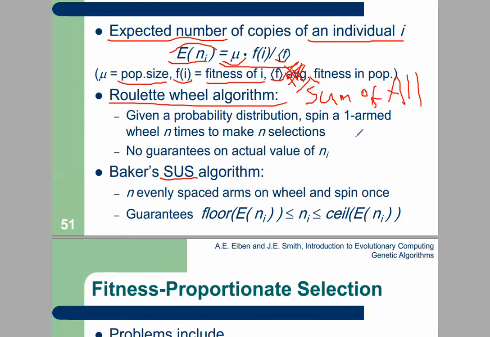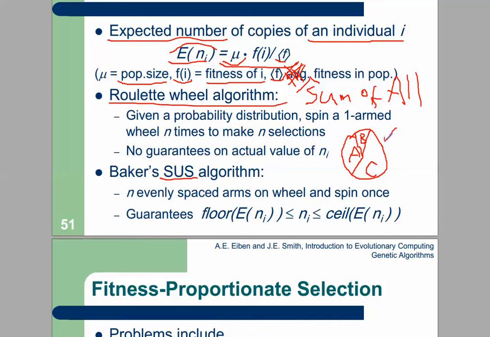In RWS, you divide, for example, a circle or roulette according to each fitness value.